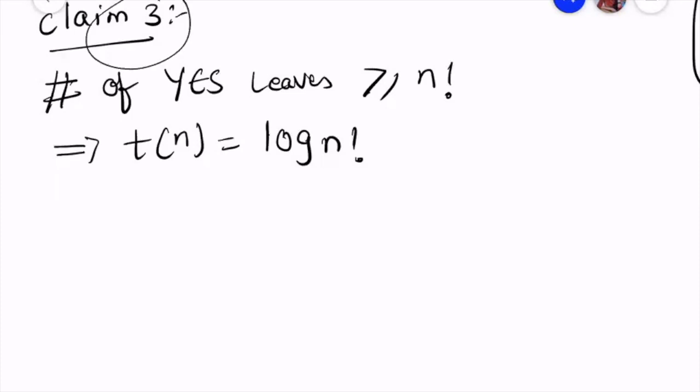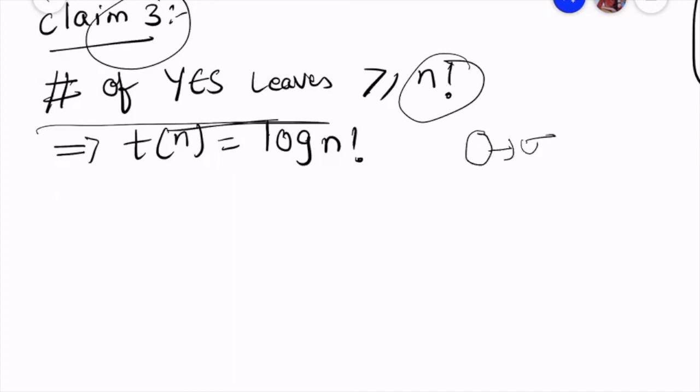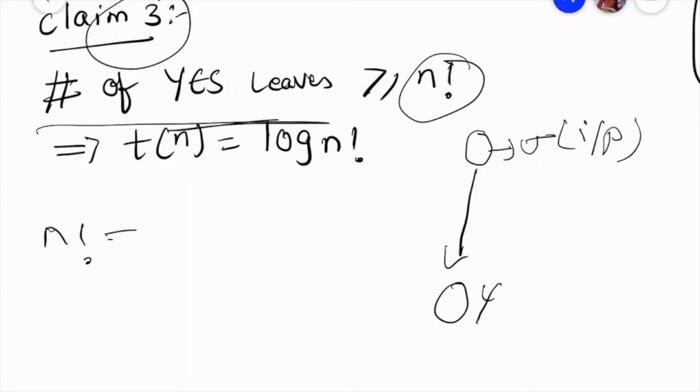Claim 3 says that the number of S leaves should be at least n factorial. From claim 2, we have proved that each instance, that is a permutation of the input, will reach a distinct S leaf in a distinct path. So from claim 2, we can say that the possible permutations are n factorial, which means there are n factorial S leaves.